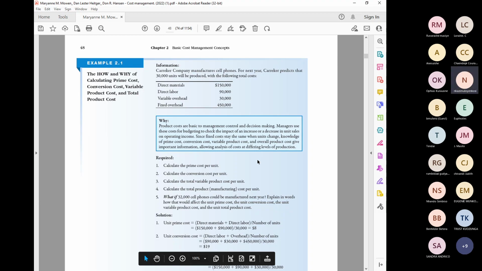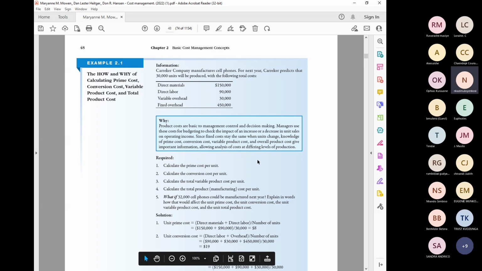Required: 1. Calculate the prime cost per unit. 2. Calculate the conversion cost per unit. 3. Calculate the total variable product cost per unit. 4. Calculate the total product, that's the manufacturing cost per unit. 5.